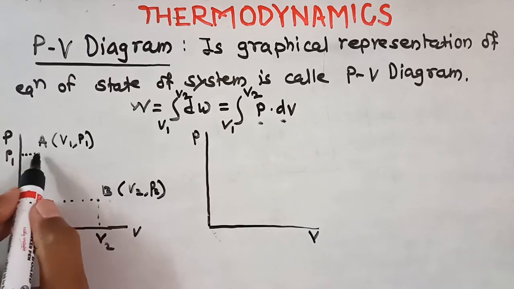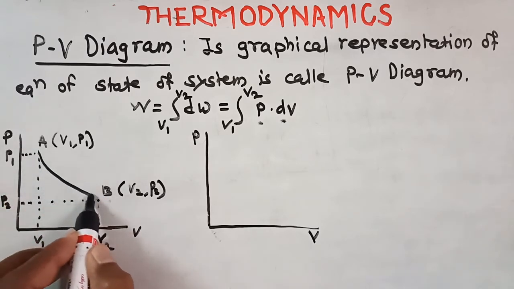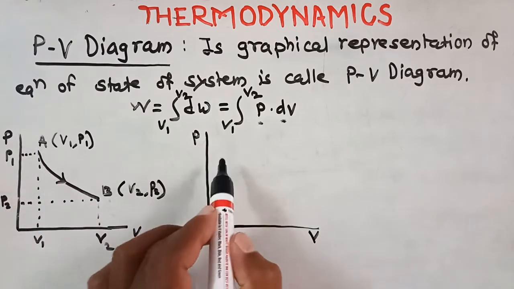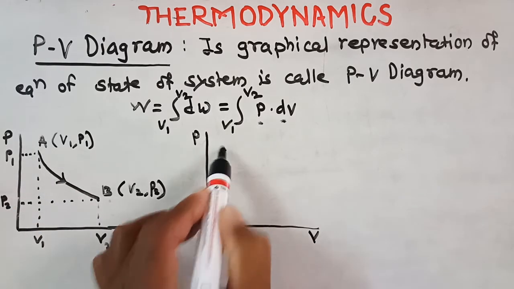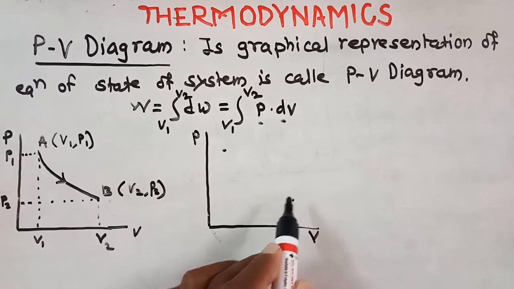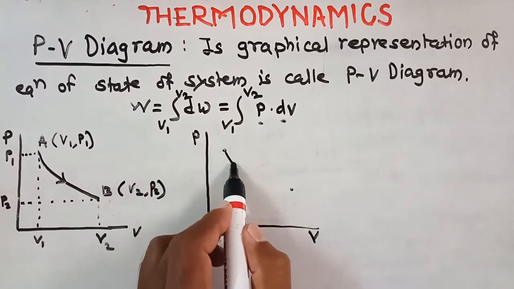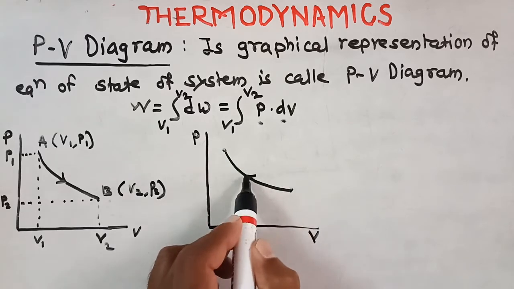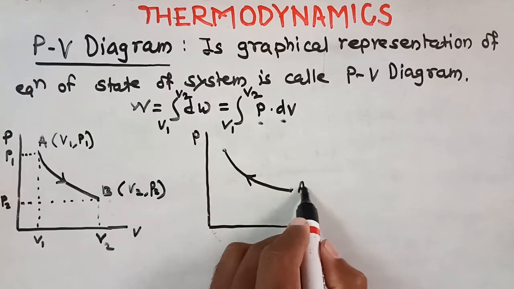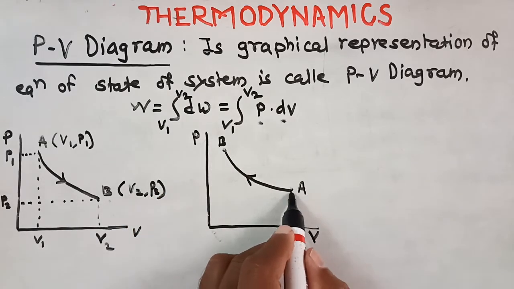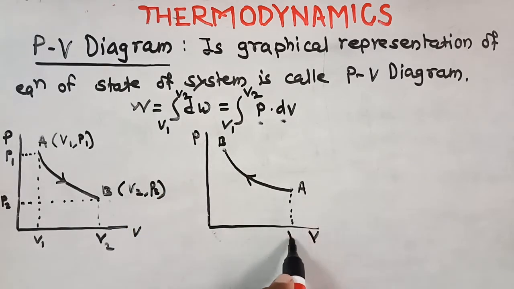Suppose this is the path. In this path from A to B the system goes. In the second diagram, same points are here, point A and point B. Same path is there, but in reverse direction. So the initial point is A and the final point is B. The coordinates of the initial points are getting interchanged.